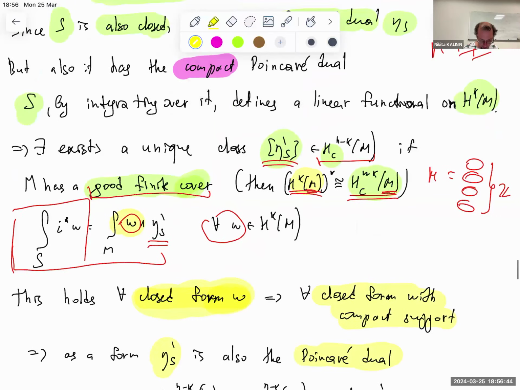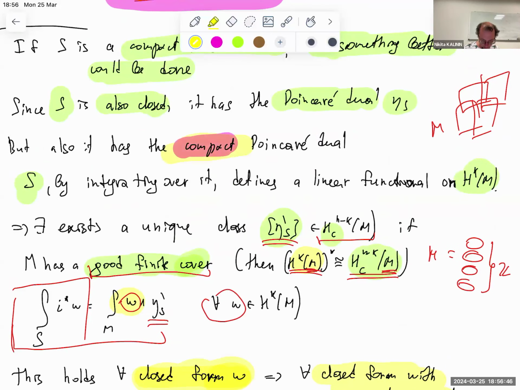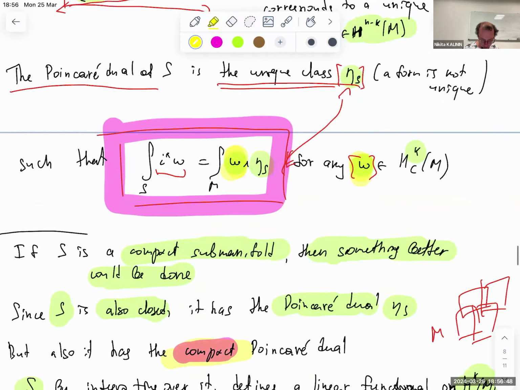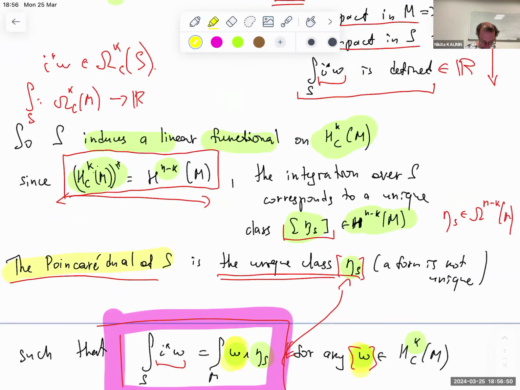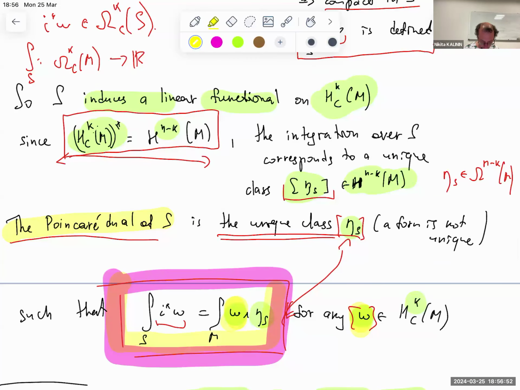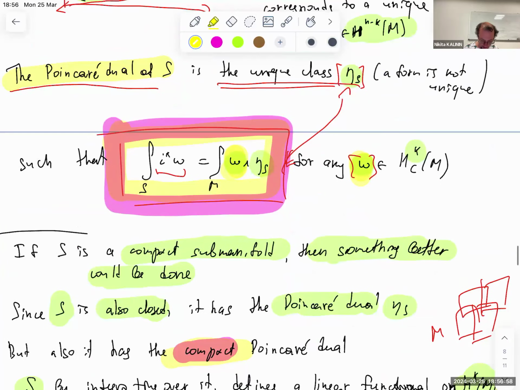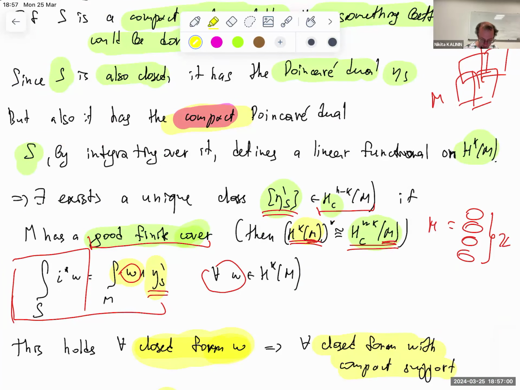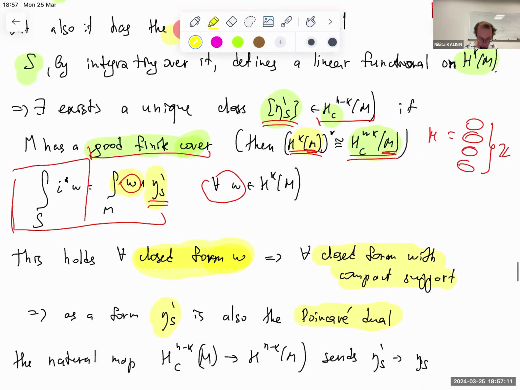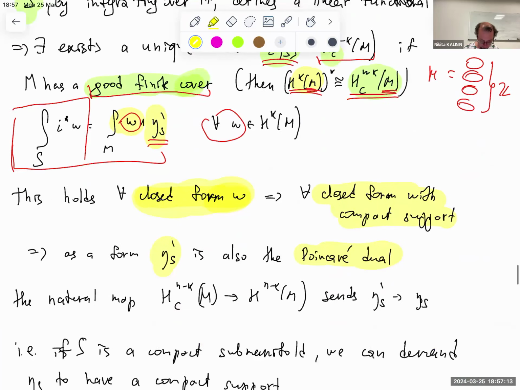So if we have a compact Poincare dual, it is also the usual Poincare dual because it satisfies the same formula as a form. So for the form eta, that's true. But maybe the class of eta will be different, because compact cohomology and usual cohomology may be different. We will have examples about that.